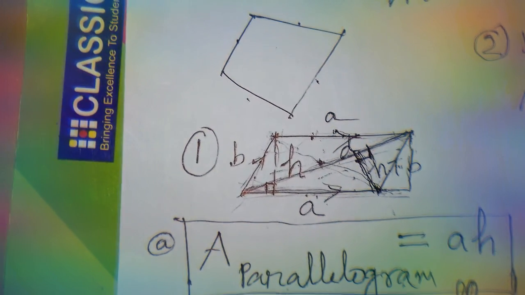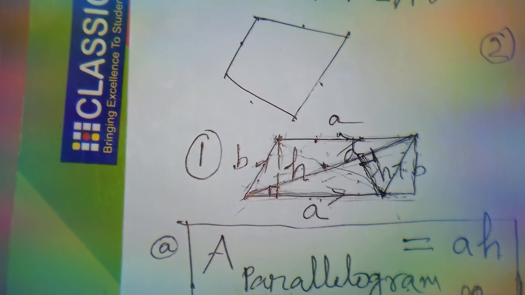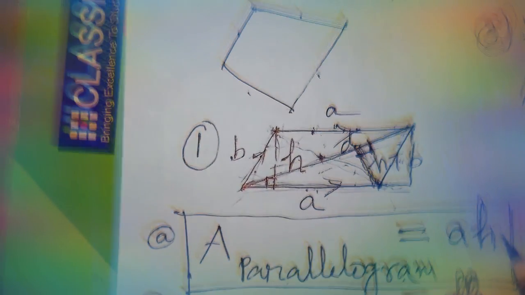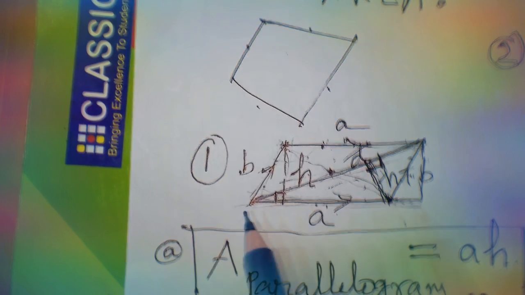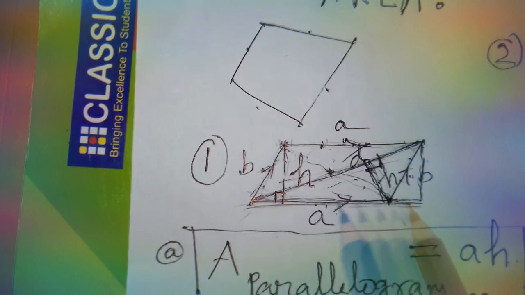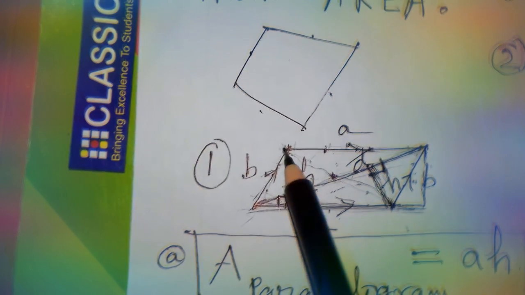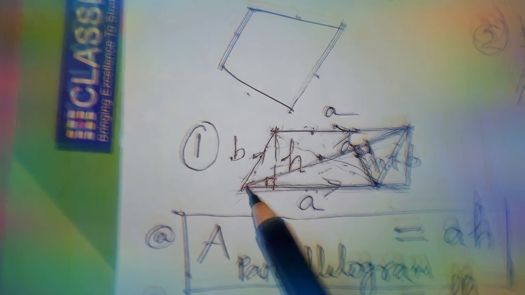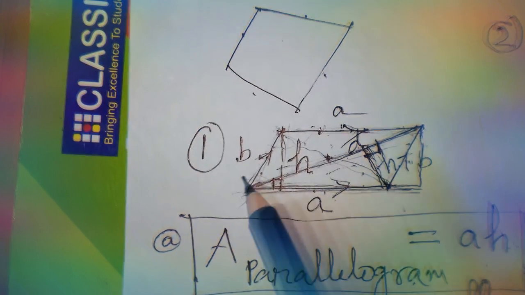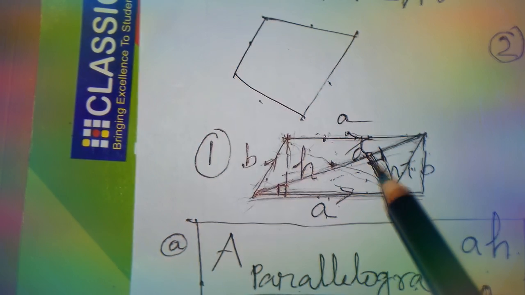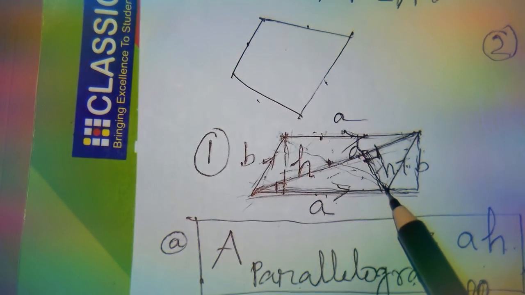So in two ways we can get the area of a parallelogram. This A into H means the opposite sides and the height between the opposite sides. Another way is diagonal into the height, the distance between this and this.